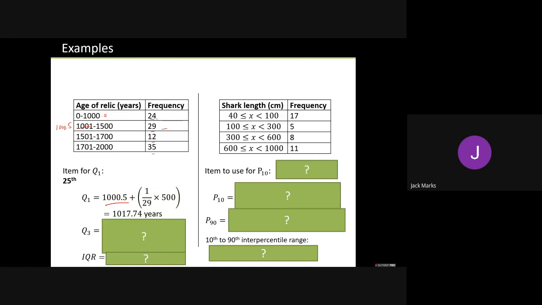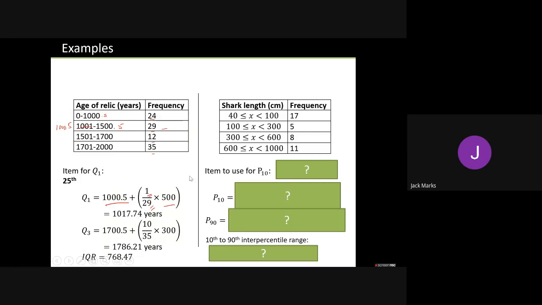To get to the 25th person, you only add one more person out of the 29 that are in there, multiplied by the width of the group. The width of the group goes from 1000.5 to 1500.5, so it's 500. And you could do something similar for the upper quartile. So this is using linear interpolation for quartiles.